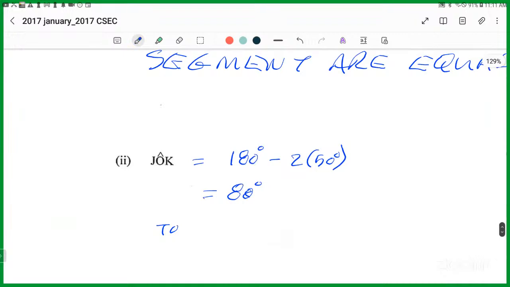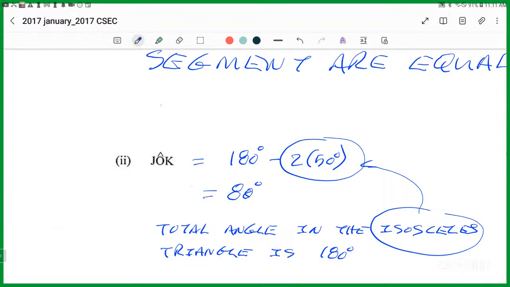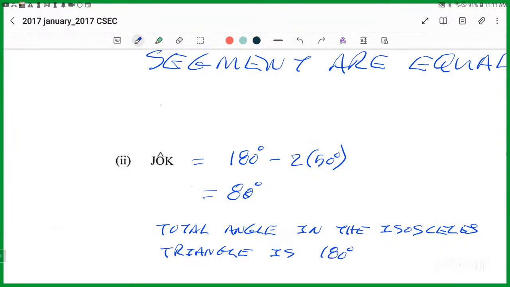So the total is this 180, and the isosceles is the given reason why we have the 2 times. All right, so that is that.